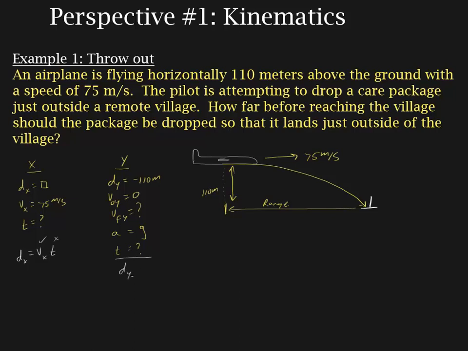So we get dy is equal to v initial y times t plus 1/2 ay t squared, and that goes to 0. Solving for t, we get the square root of 2d over g.